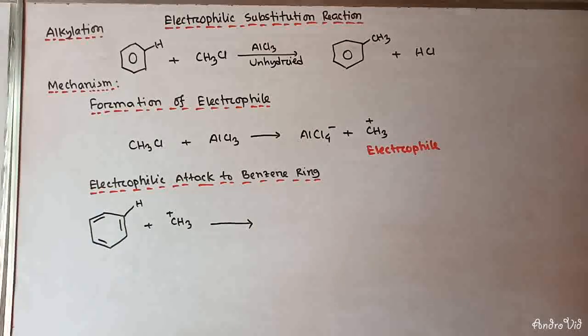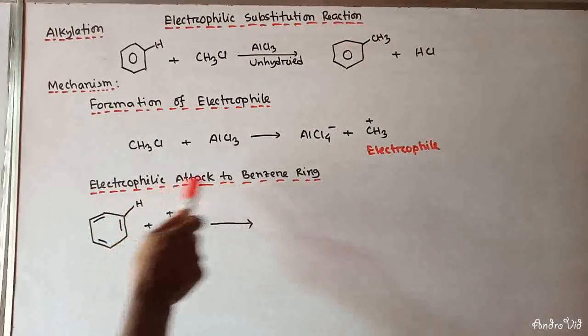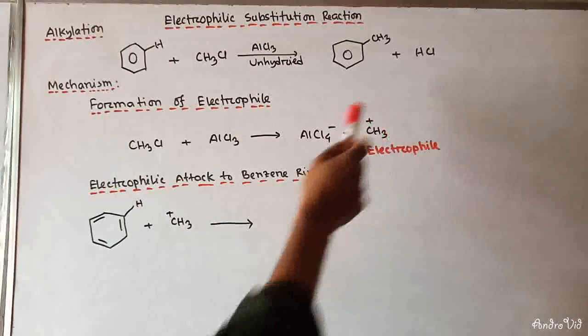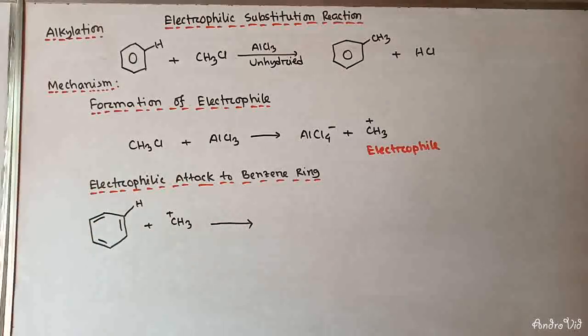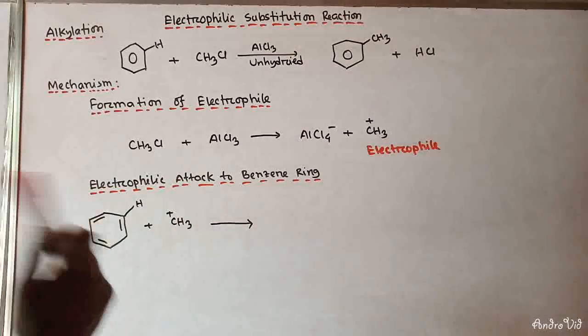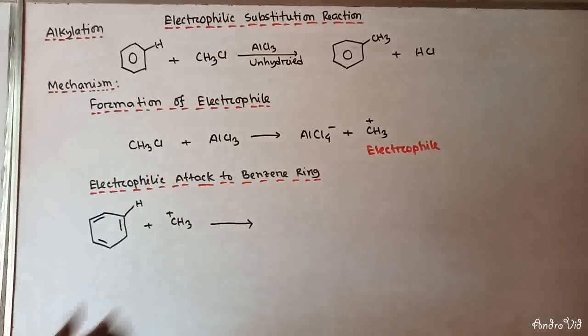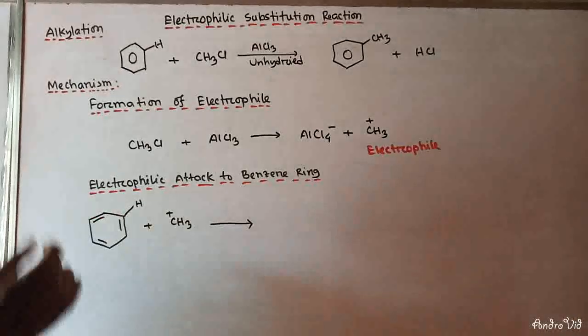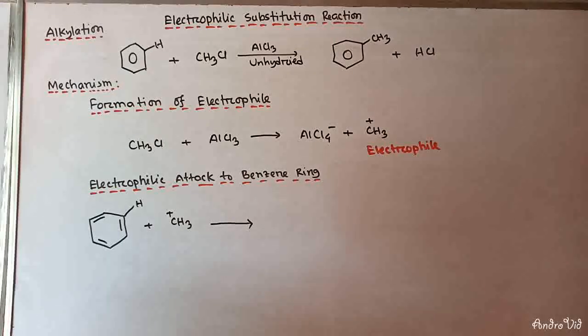The second step involves the electrophilic attack on the benzene ring. In this step, the electrophile attacks the benzene ring. As it holds a positive charge, it attacks a carbon that is negative in charge.